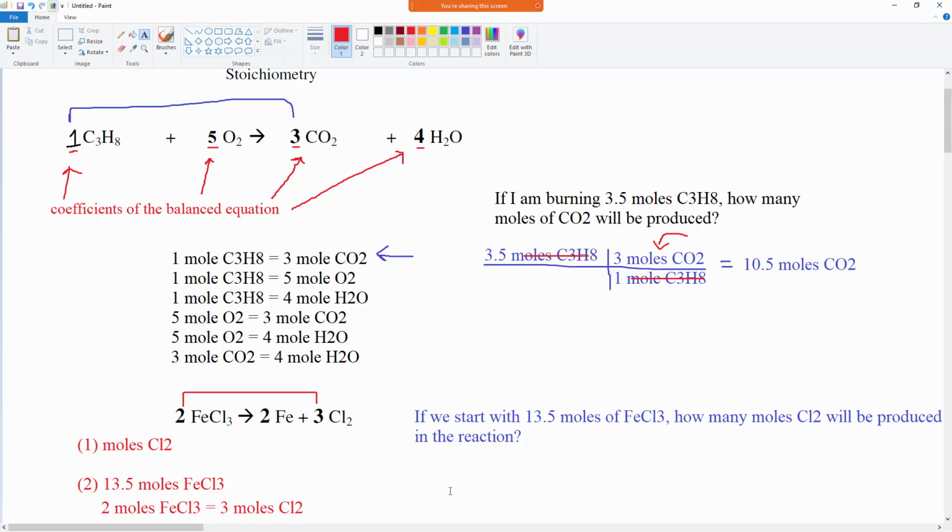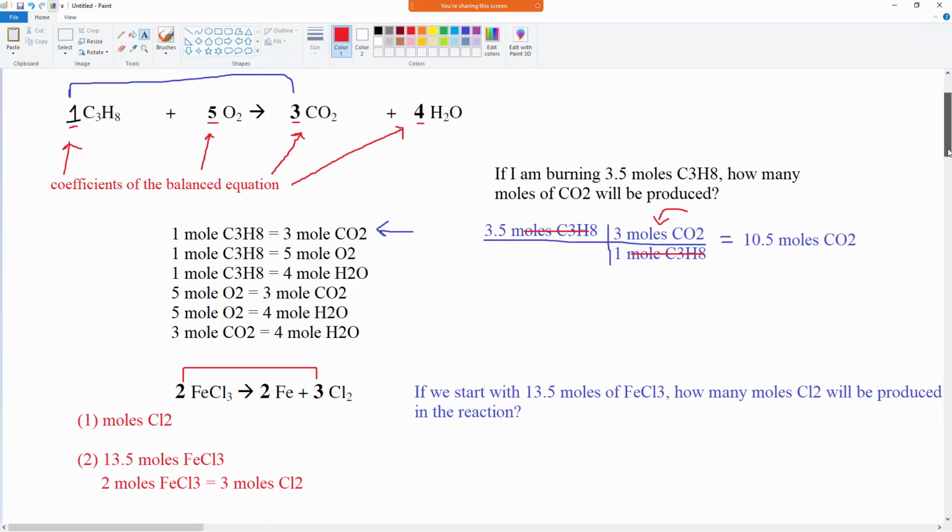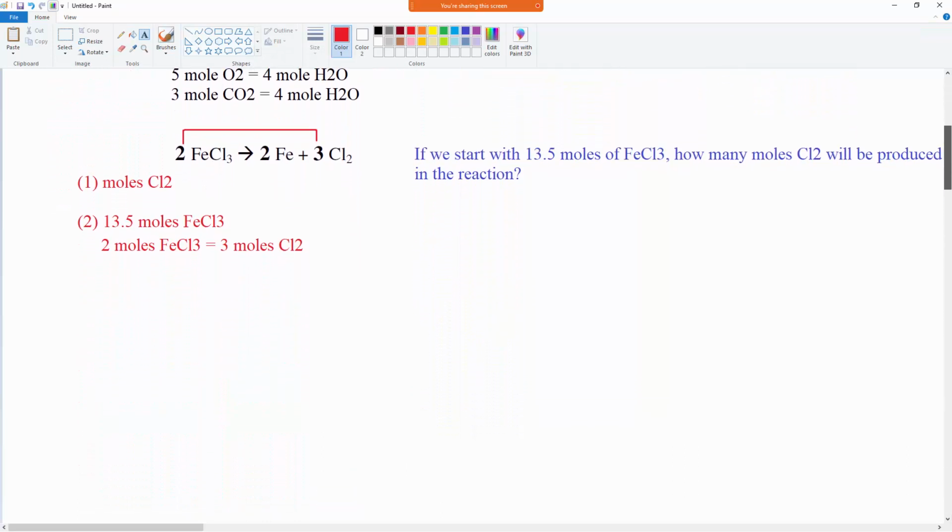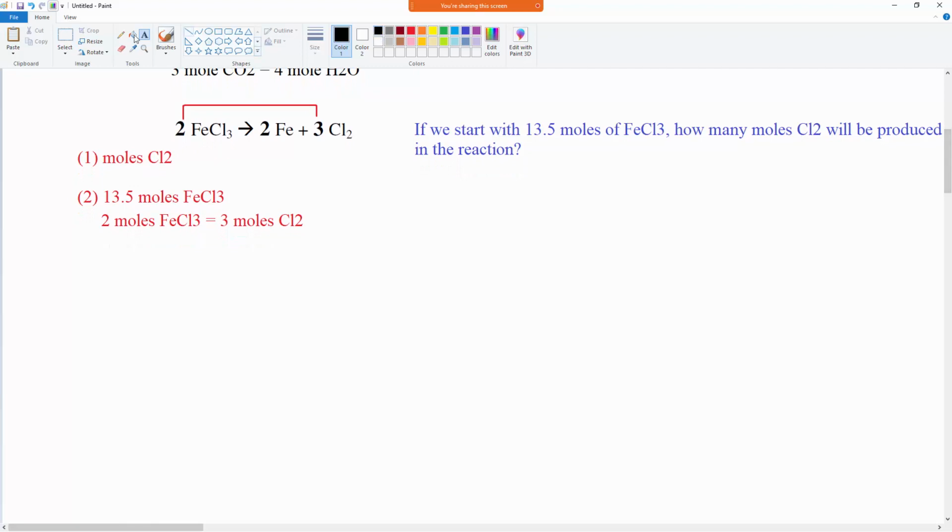So that is a conversion factor. And those are the only conversion factors we need here. I'm going to scroll down. So we can set this up. And where am I going to start? Sarah's got the answer, but we've got to verify.